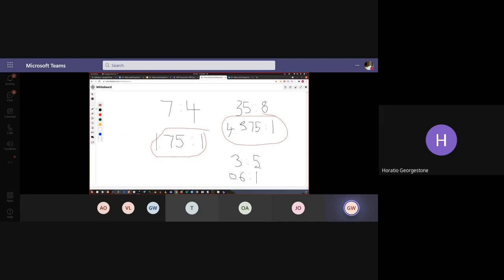So often when we're talking about ratio, it relates to some real world thing. Say, for example, this was a school trip, and we said, okay, there's 7 teachers for every 4 students. Well, that isn't actually a very useful way to communicate that information. It's a bit of a headache to think about.